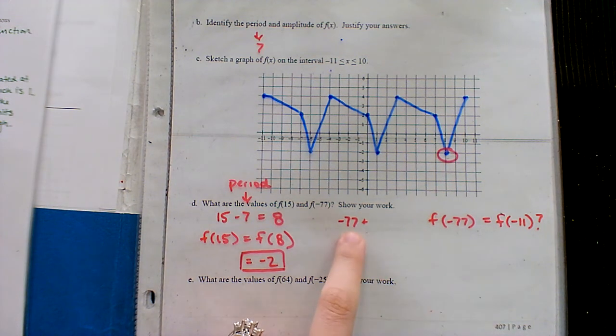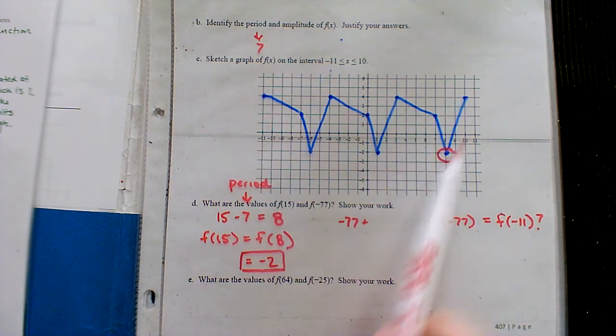How many times do you want to add 7? We can keep doing it. If we add 7 once, that's negative 70. If we add 7 again, negative 63. If we add 7 again. Yeah? You could add it 11. You could add it 10. You could add it 12.